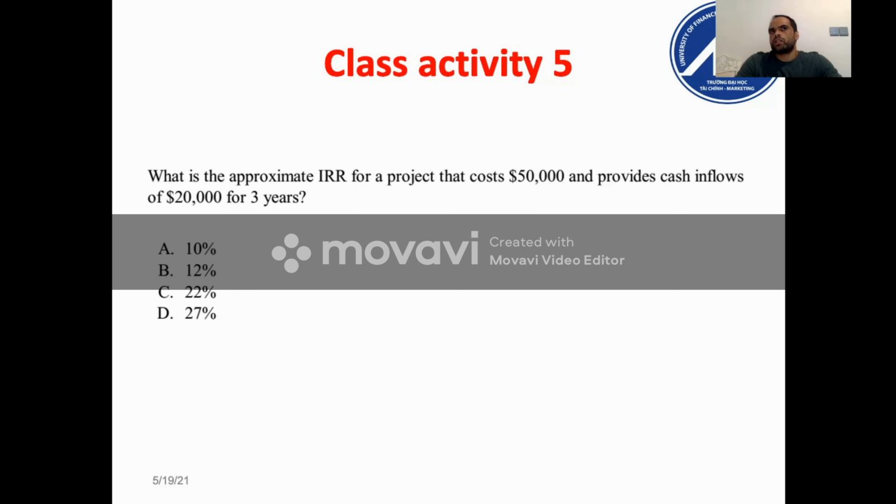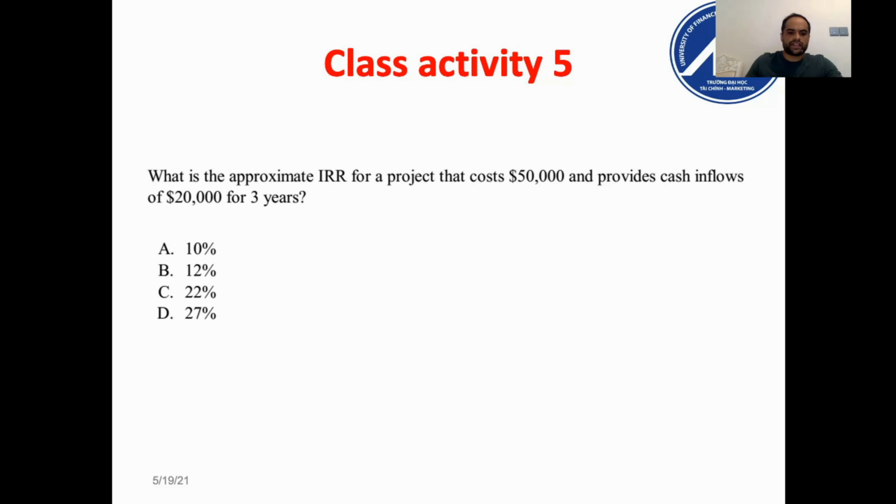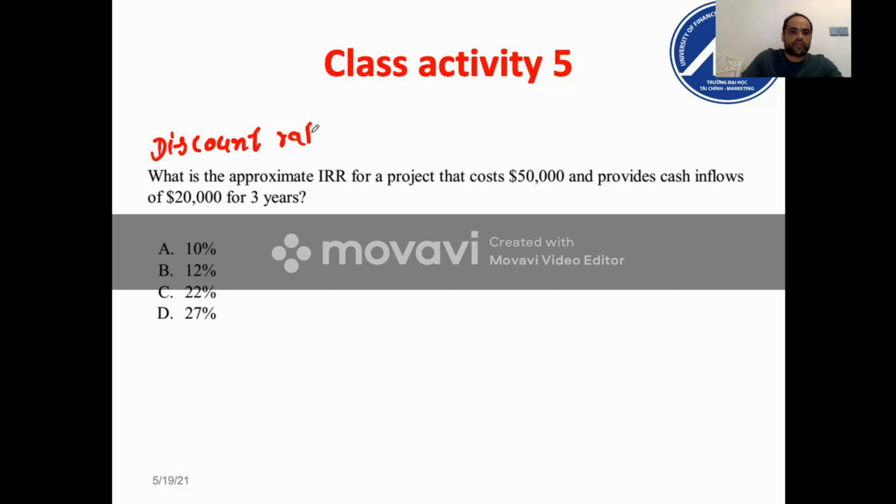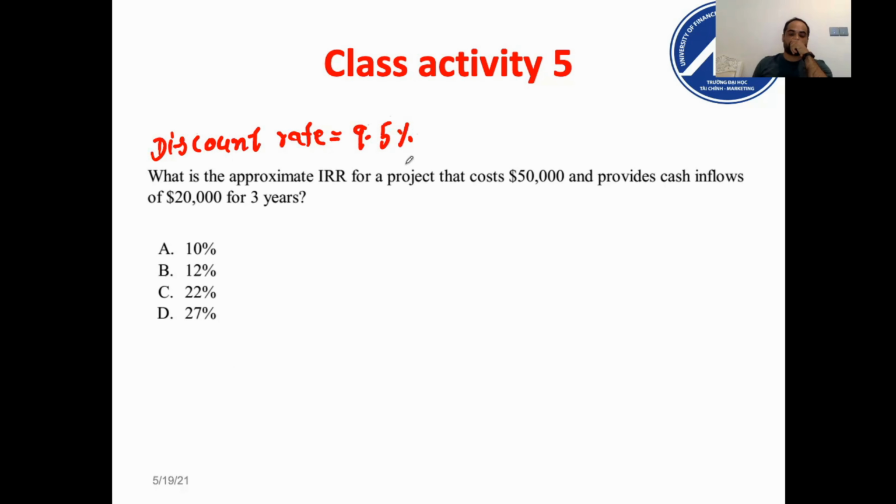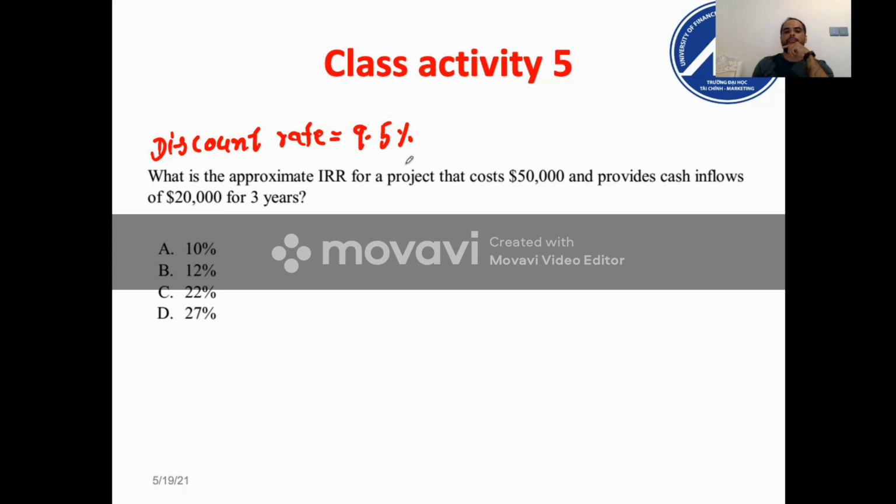And for example, let's write a random number here for your discount rate, let's say 9.5%. That's your discount rate. So calculate IRR here and give me your answer.